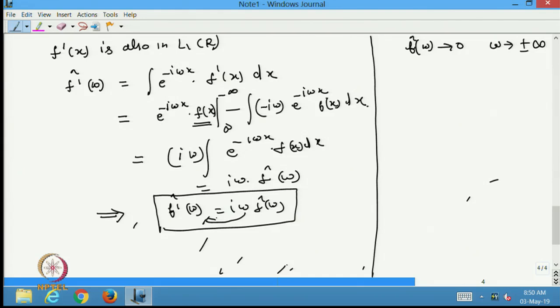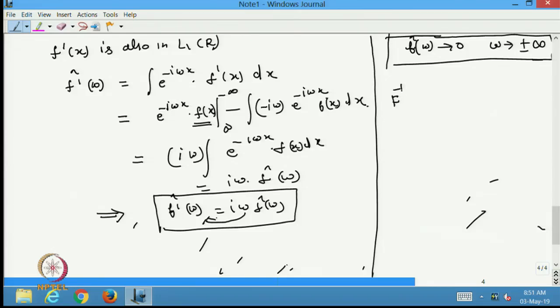And the next property of this Fourier transform is, now if from one domain we are going to the frequency domain, we should also know how to come back, otherwise there is no point of defining some integral transform. Fourier transform is also an integral transform, as you must have already studied earlier.